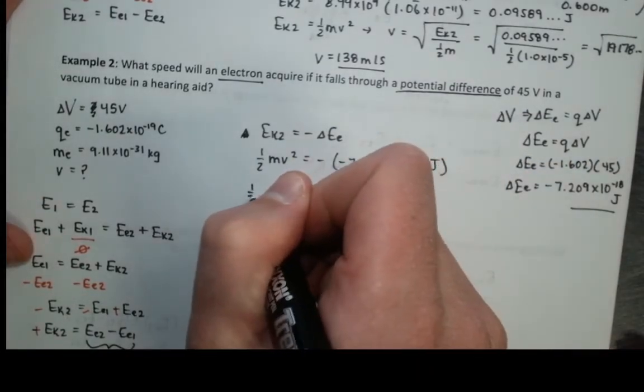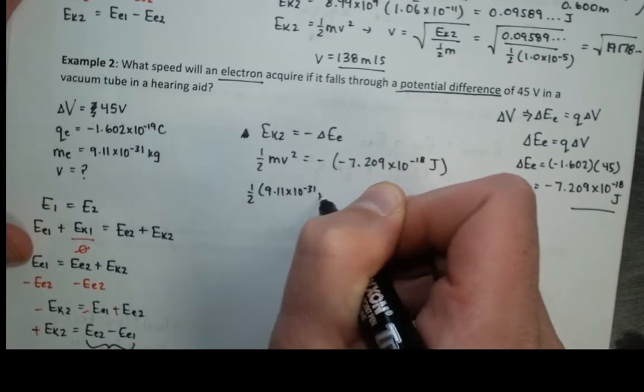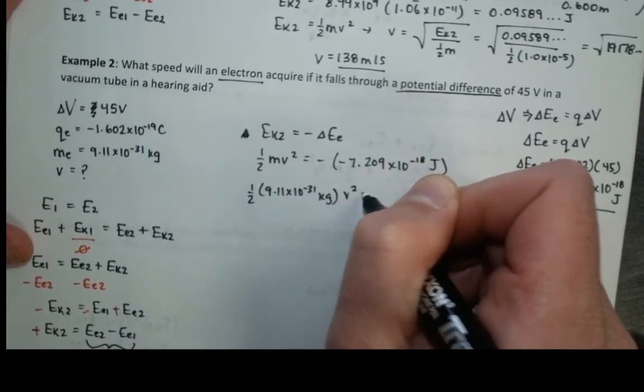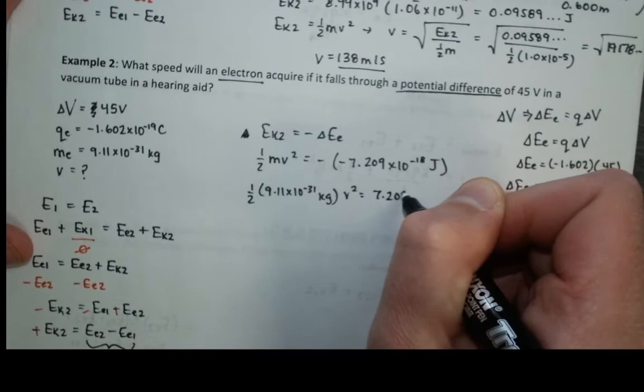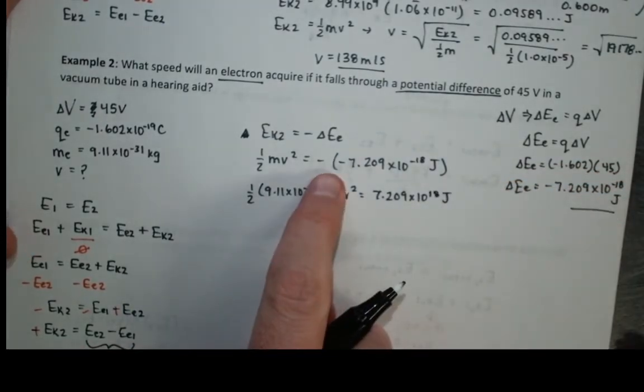Let's fill in the other information we know. We're looking for v squared. Our negatives would cancel out here.